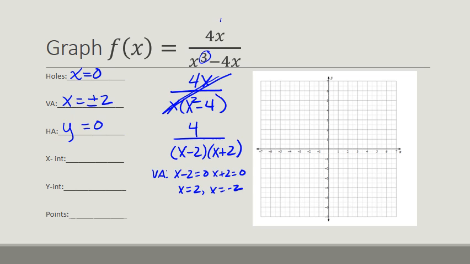Okay. But if we look at the graph, you could graph it, it's not going to go there. And then my y-intercept, if I put 0 in for x, it's going to be undefined because the denominator will be 0. So there is no y-intercept.